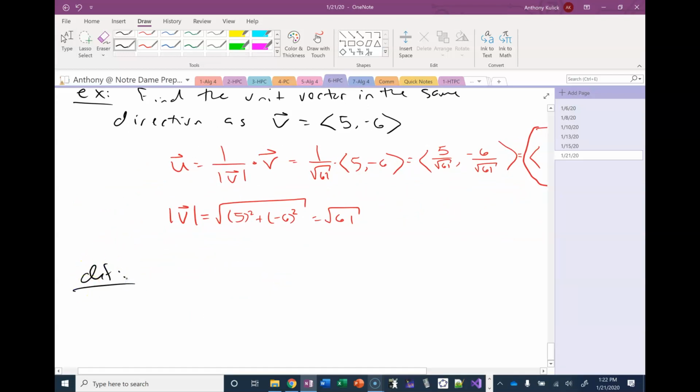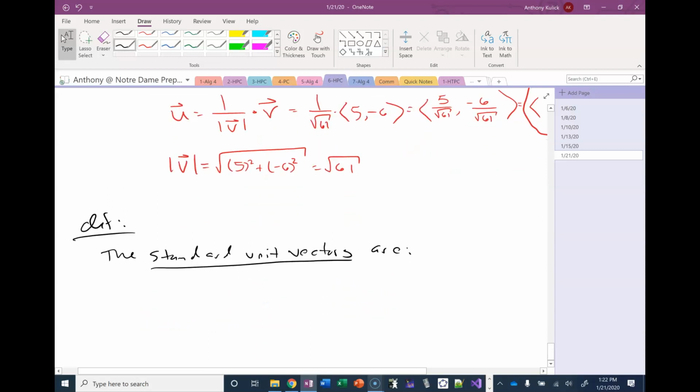Now there's 2 unit vectors that are of particular importance to us. And because they are important, they're going to get special names. The first one is the vector i, which is the vector 1, 0.